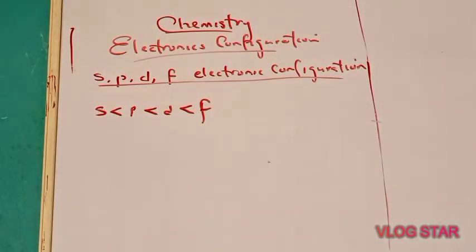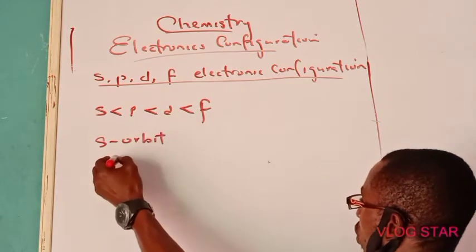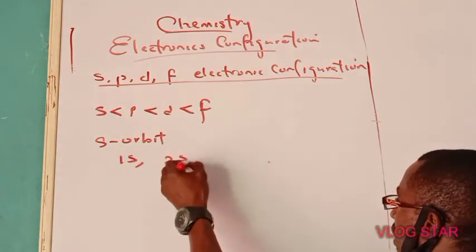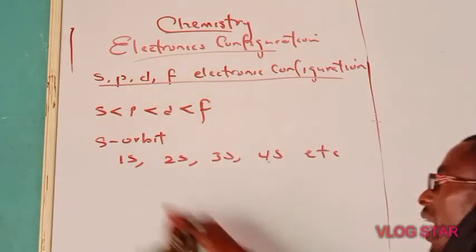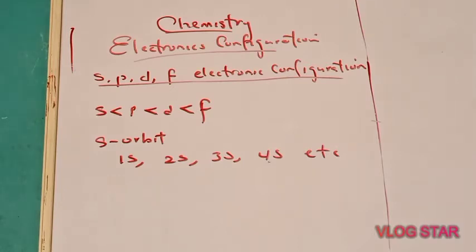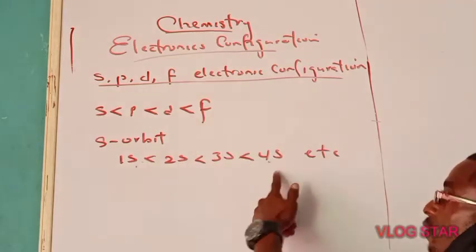Also, each of these orbits has some energy levels. Like the S orbit has 1s, 2s, 3s, 4s, etc. So we first fill up 1s before 2s, then 3s and 4s.